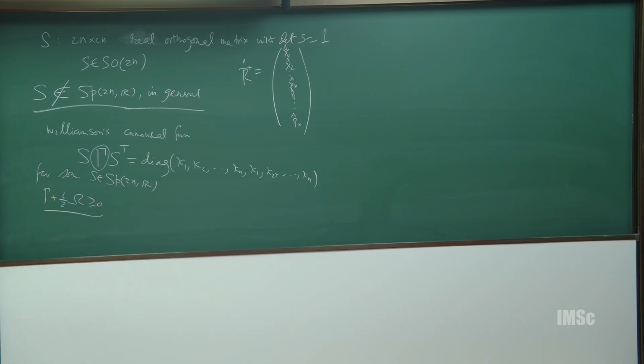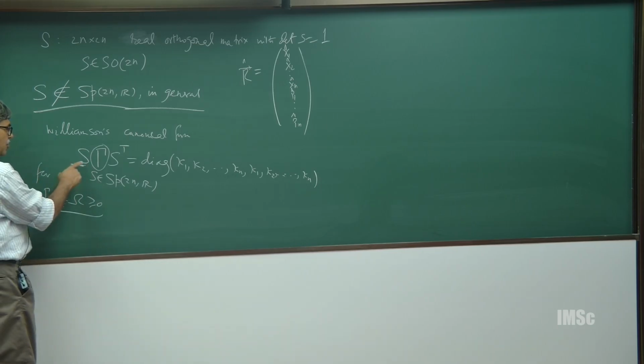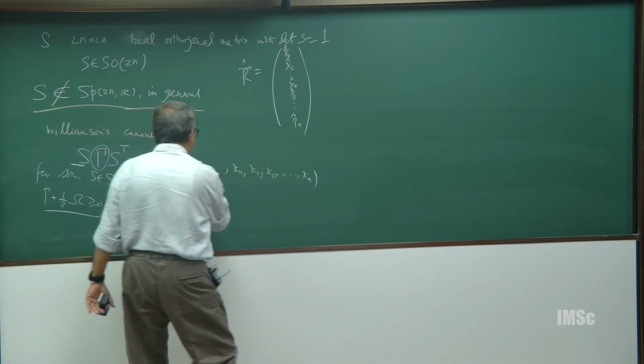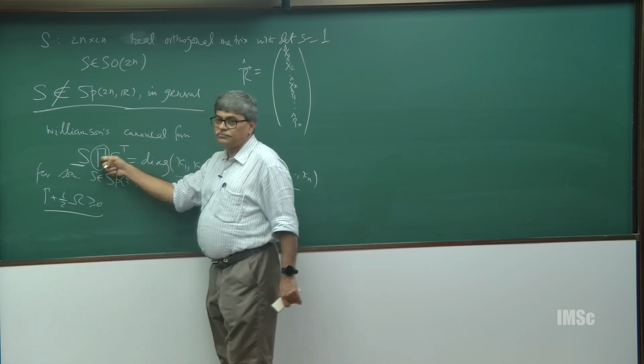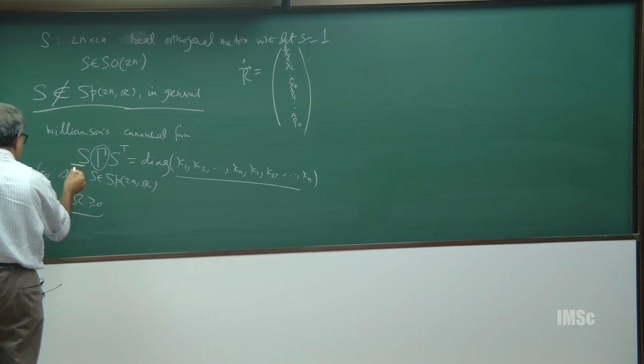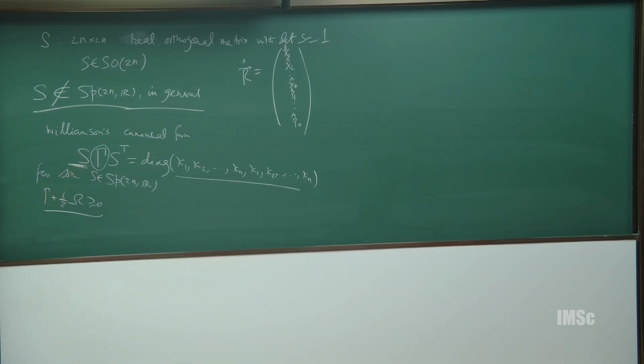Now the problem is, because this S is a symplectic transformation, it is not necessarily an orthogonal transformation, and therefore I cannot claim that these are eigenvalues of this gamma. So what we should look for is those symplectic transformations which correspond to rotations, because we are dealing with real matrices, instead of unitary we have to look for rotations.